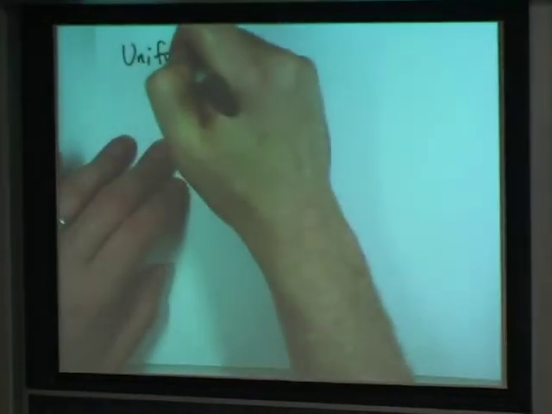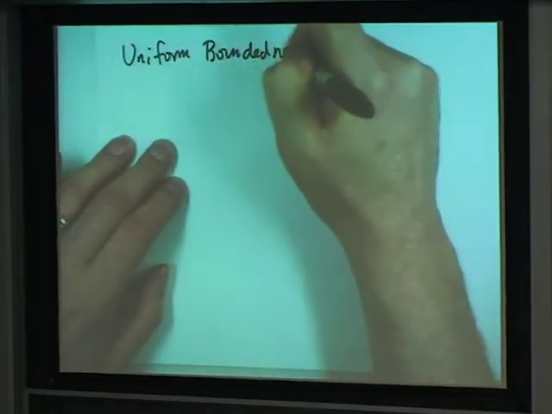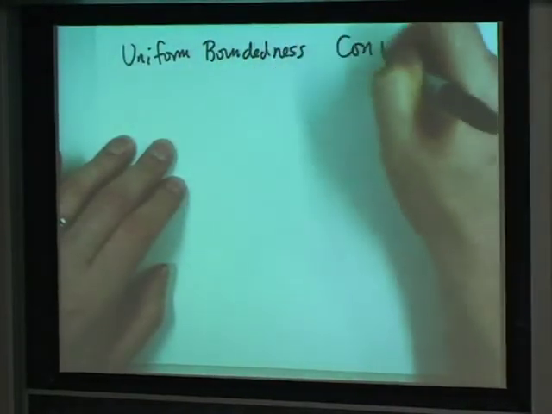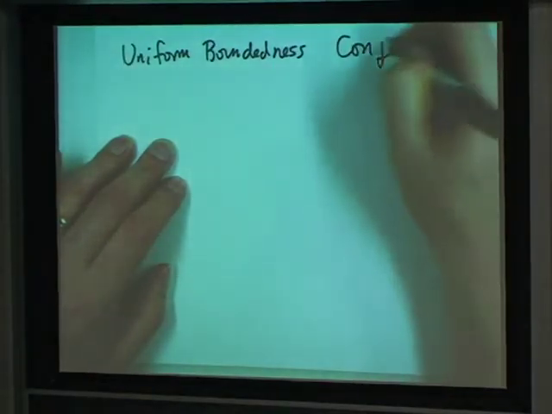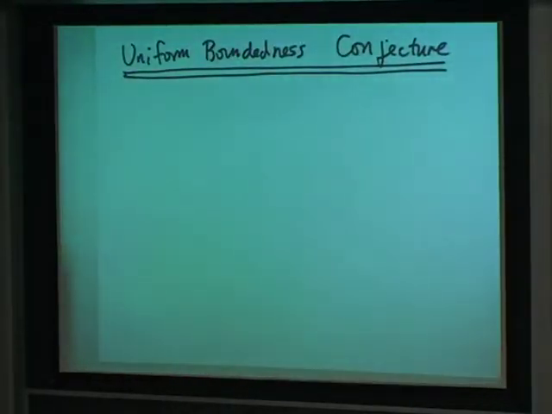Okay. So as I promised a couple minutes ago, let me give you the general form of the uniform boundedness conjecture. And of course, there's some question whether it's worth making conjectures this strong when one can't even prove the absolutely weakest non-trivial case, but what the hell.